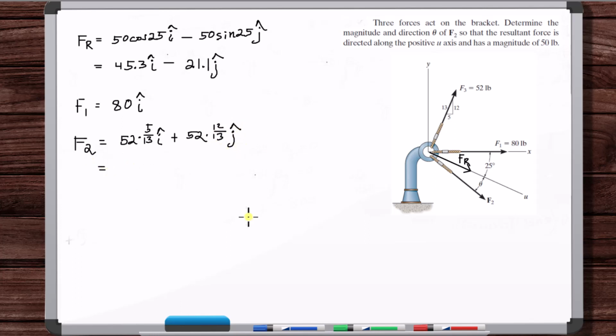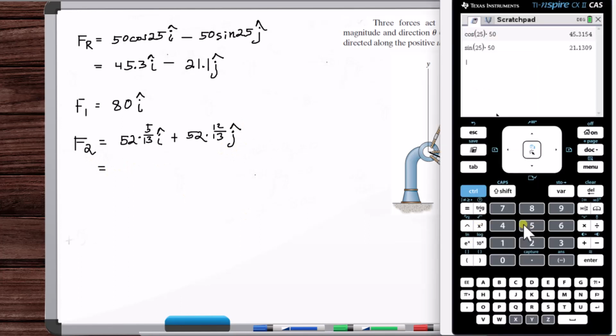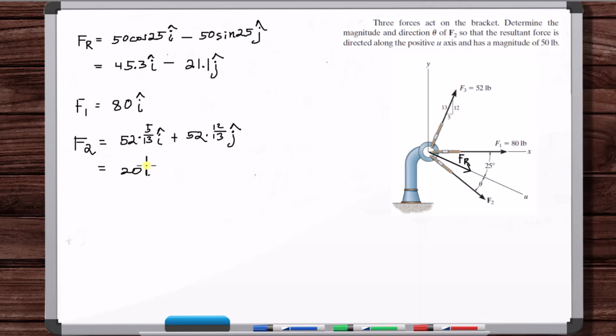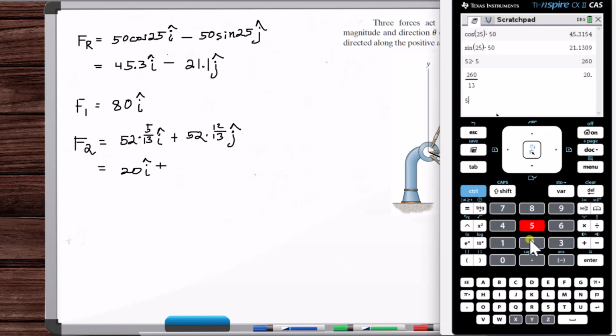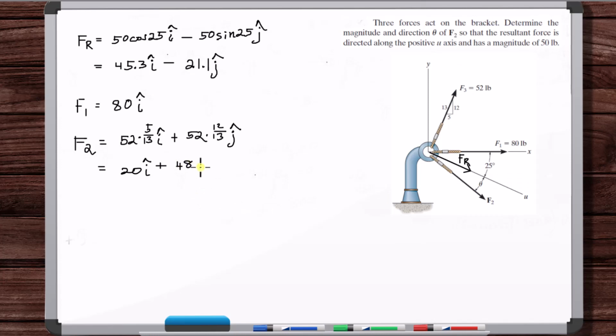Okay, so 20 i hat plus 48 j hat, okay? Wait, that's F3. That's F3.